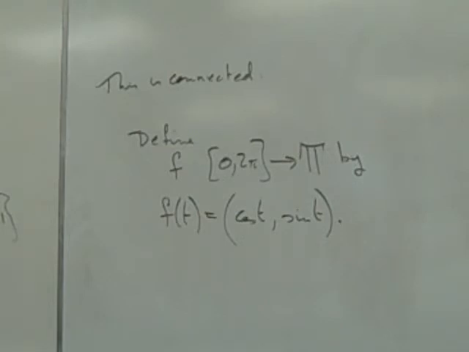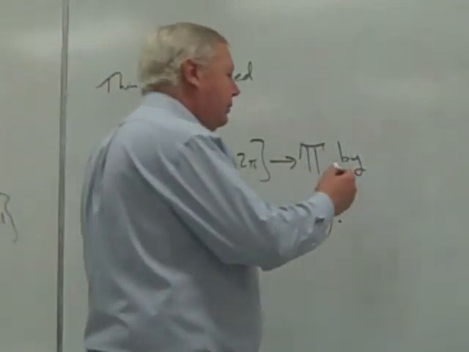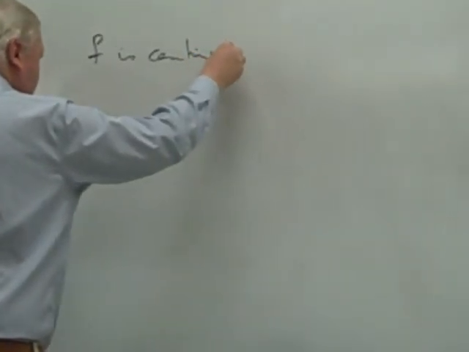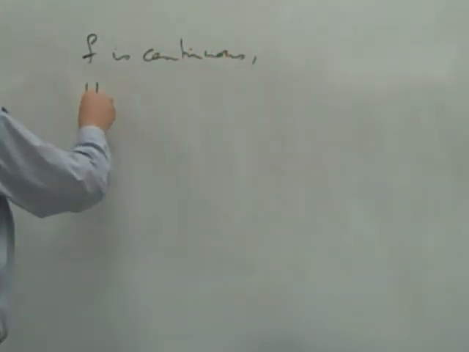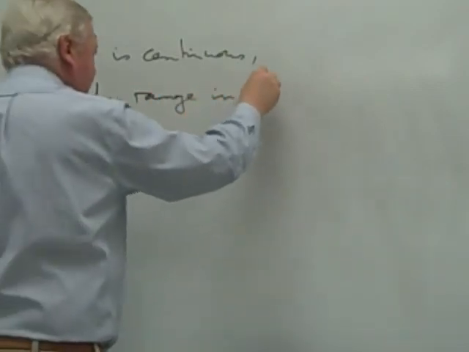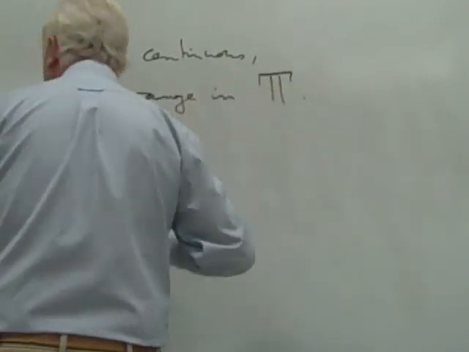Letting t vary from 0 to 2 pi takes you once around the circle. It's not a one-to-one mapping because they meet up again at the point (1, 0), but that doesn't matter. So f is continuous. The range is the whole of the circle.